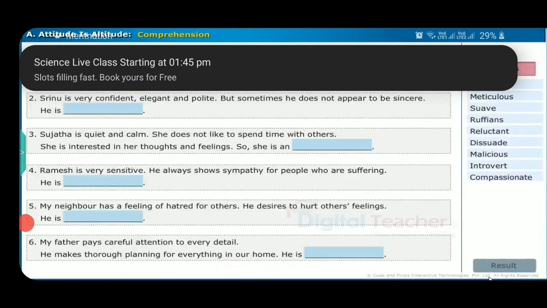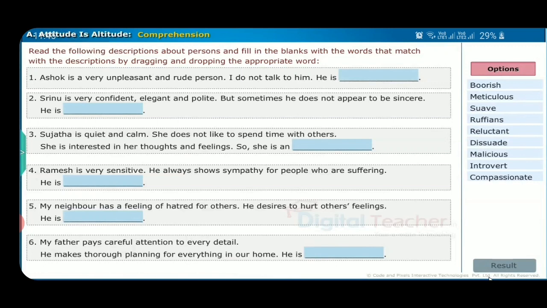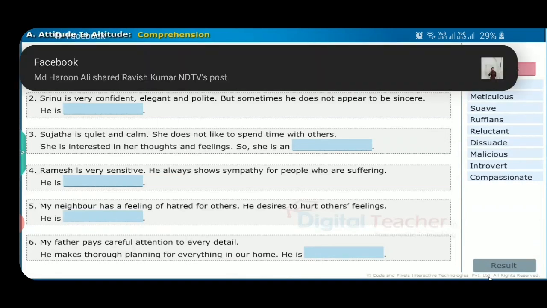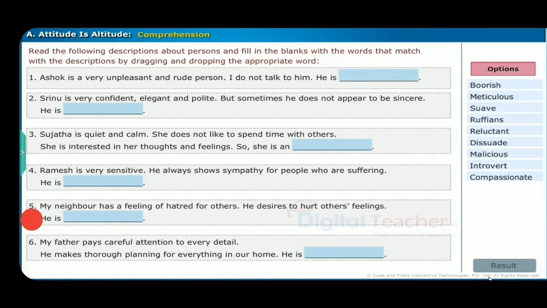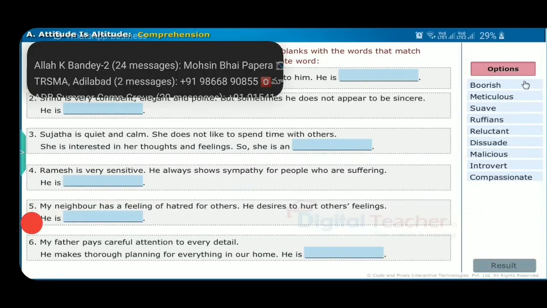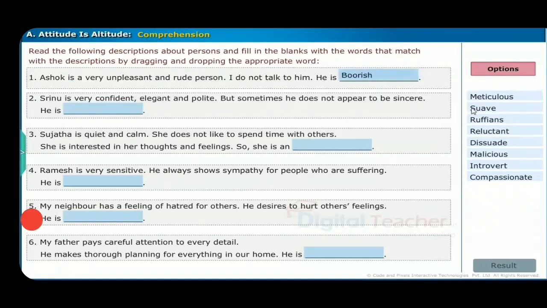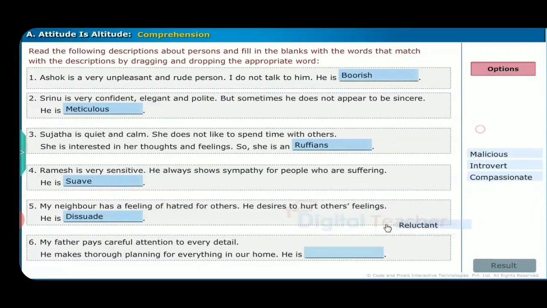Read the following descriptions about persons and fill in the blanks with the words that match the descriptions by dragging and dropping the appropriate word. Now, answer the following questions.